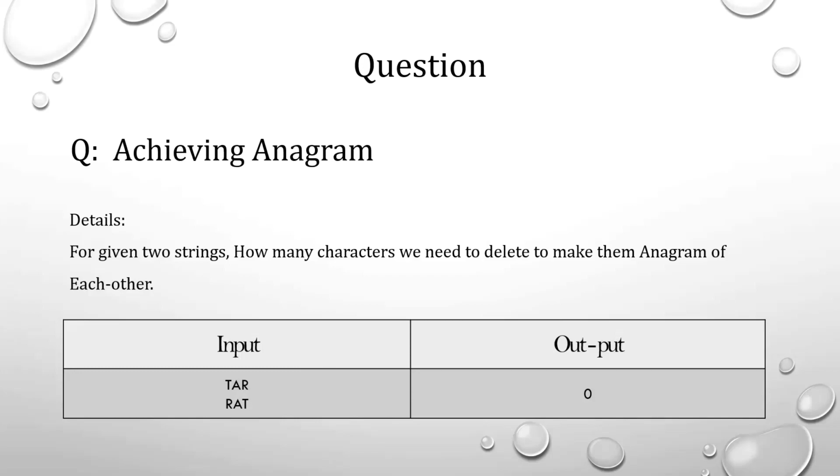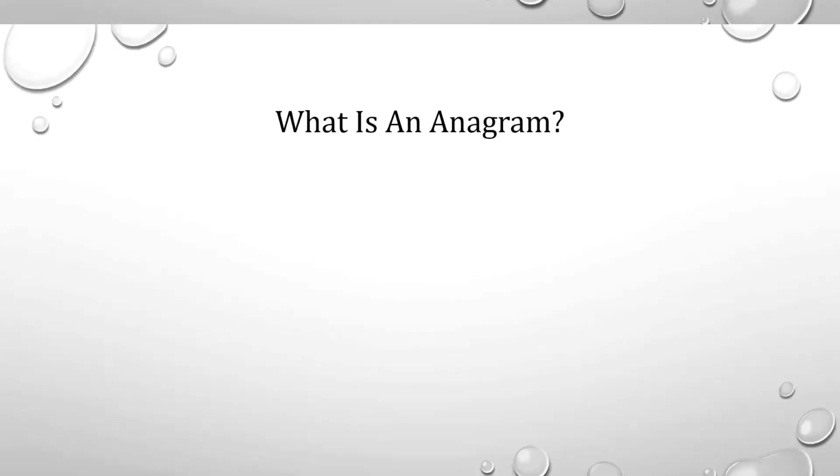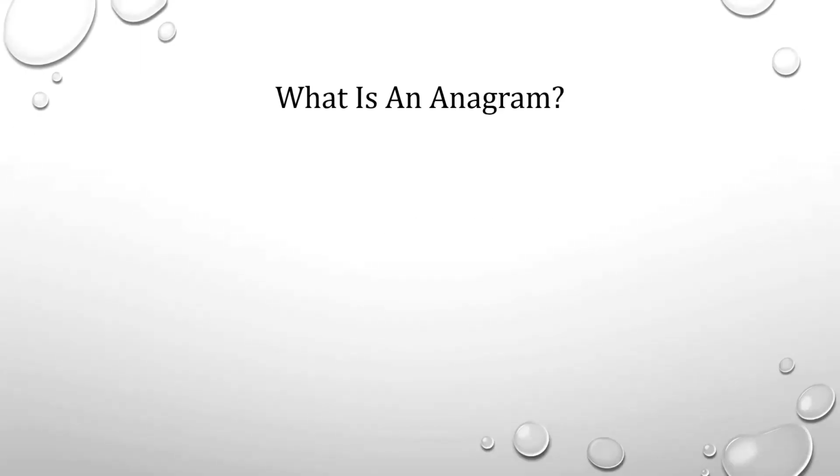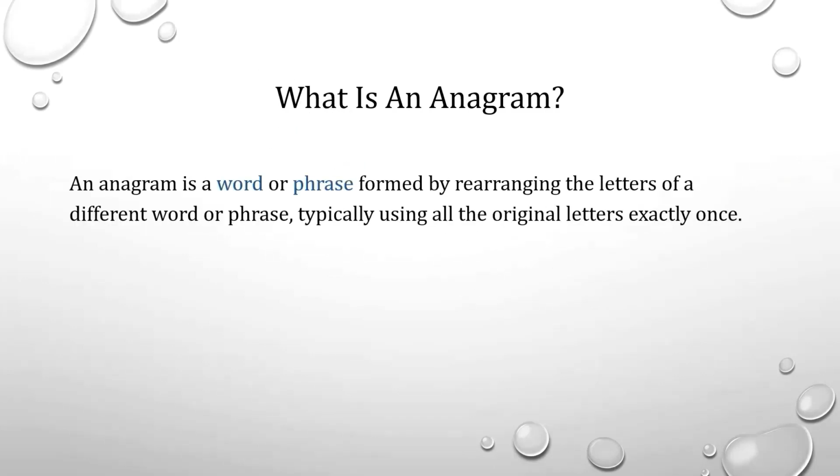With that said, let's have a look at the definition of anagram, what exactly it is. According to the definition, to simply put, it's nothing but a word whose letters are rearranged to create another word, and all the letters in that word need to be used exactly once.